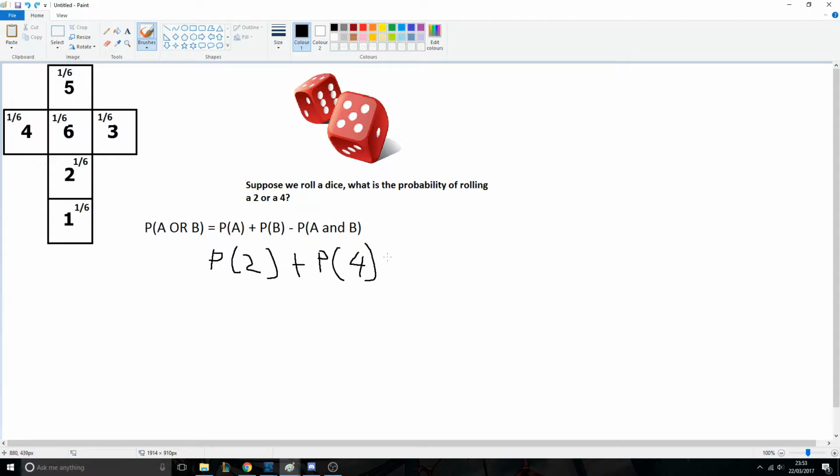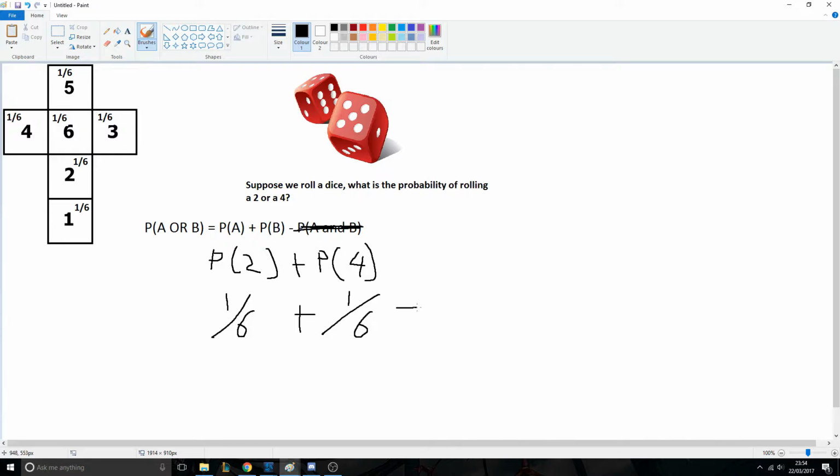So we can just ignore this part, and this can become a 0. Okay, so basically we will only do this part, probability of A plus probability of B, to get the probability of A or B. So probability of getting a 2 is 1 out of 6 chances, plus probability of getting a 4, which is also 1 out of 6.